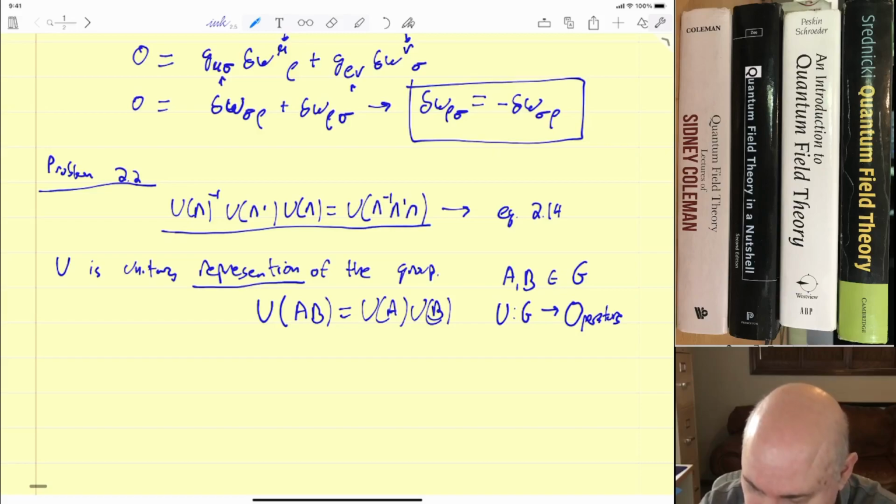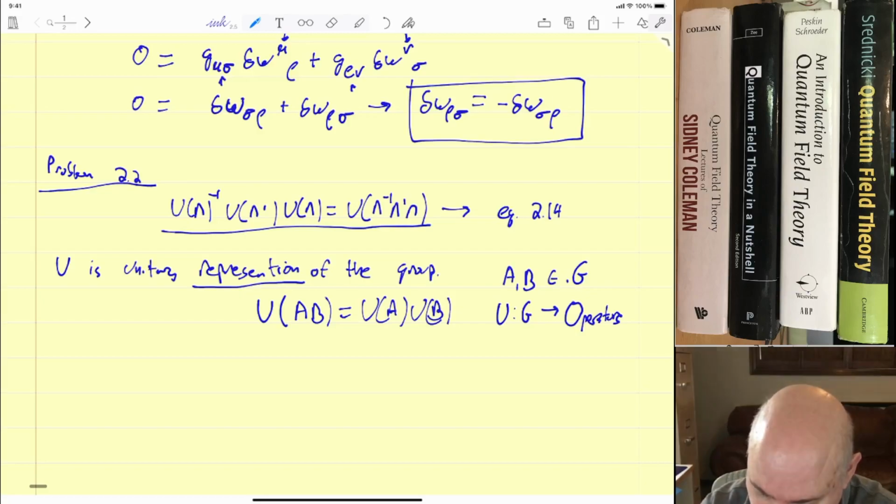So what this is basically saying is we can take two elements of the group, A and B, multiply them, then take the mapping to our operator. That's the same thing as composing the operators of each of the group elements.